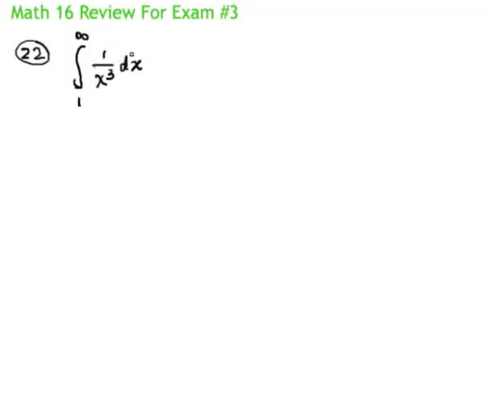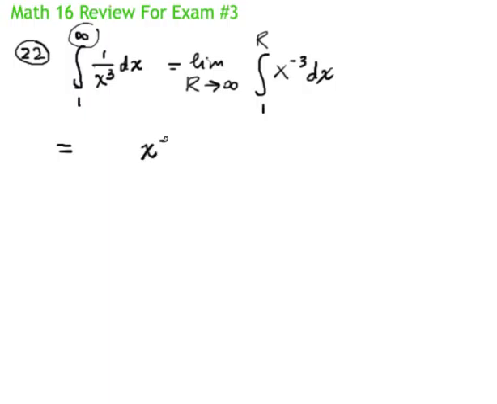Here's another improper integral. We have an infinite limit. That makes it improper. Okay, so let's write this as the limit as r goes to infinity, and integrate. And we're going to evaluate between 1 and r. Okay, so let's do that.